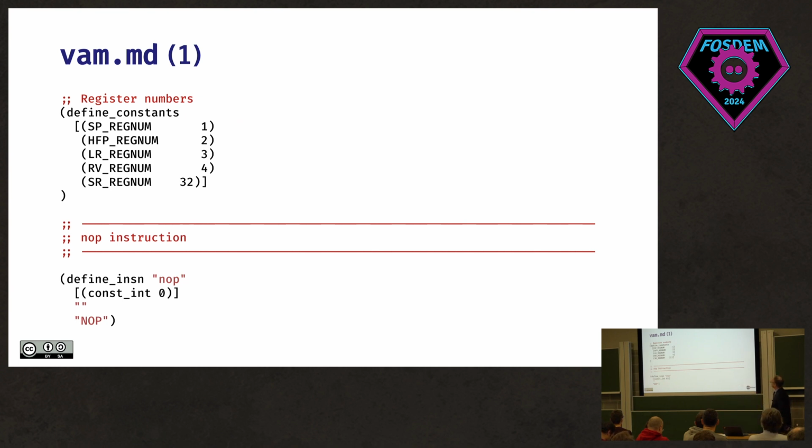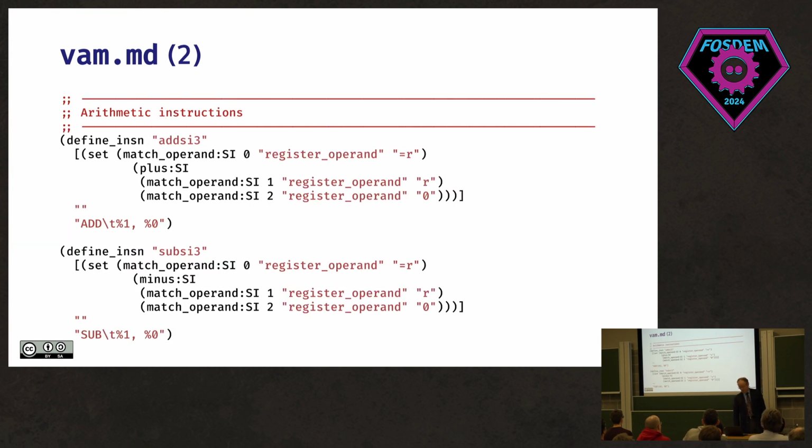So let's look at what we did for VAM. First of all, you define some constants, and that's where SP_regnum, the numbers of the key registers, is defined. Then we've got a very simple instance called noop, and it doesn't have anything to match. Really, it's just constant 0, and the text string it generates for code generation is just nop. Here's a more complicated one, addsi3. You've seen that bit before. We've only got one sort of add.